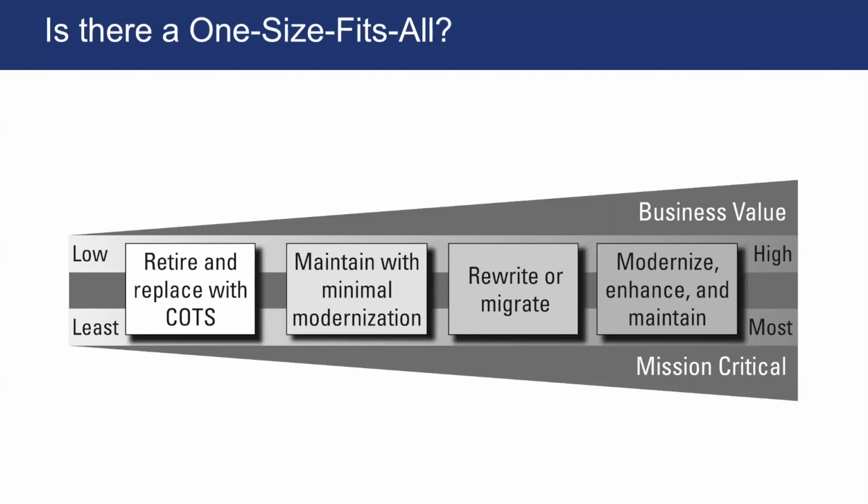And this applies to all of these ones. So one thing that you might be able to do is maintain with minimal modernization, such as the refacing technique. This would provide some business value, but I don't think you would like to have this as mission critical. The advantage of refacing and this kind of modernization is that if some of your users are still using your 5250 screens and they want to use them, they can still use them.